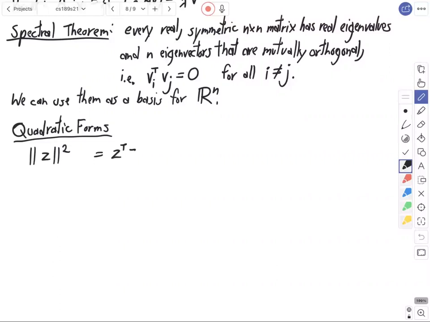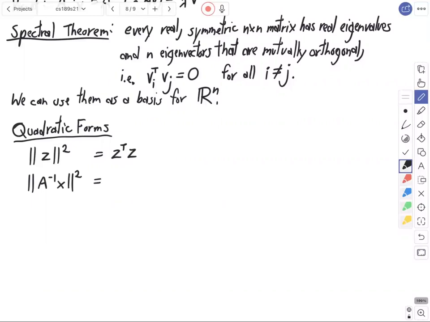Another way to think of that is z transpose z. A second thing we're going to look at is, okay, what happens if we insert a matrix in there? And for reasons that will become clear later on, I'm going to use A inverse as the matrix that I'm going to stick in here. And I'm going to ask, what does the function A inverse x all squared look like?